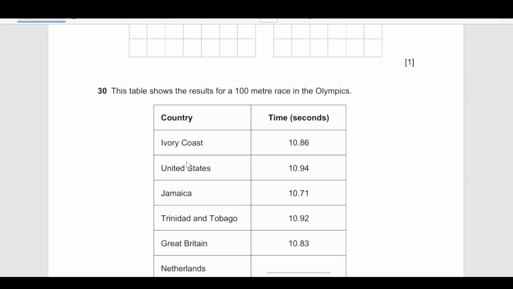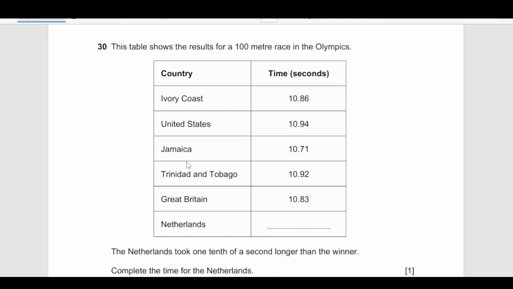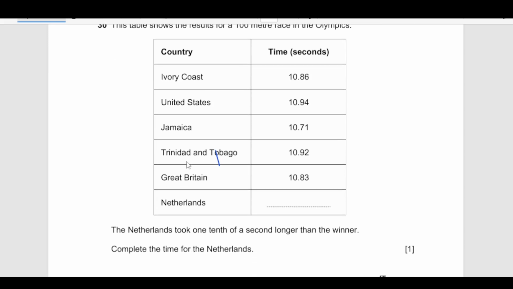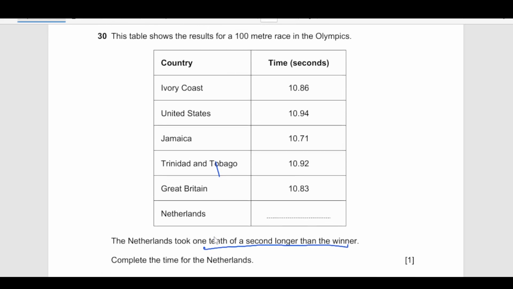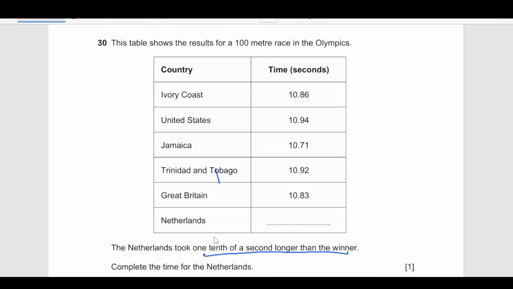Number 30, this table shows the results for the 100-meter race in the Olympics. Here is the country, here is the time in seconds. The Netherlands took 1/10 longer than the winner. Complete the time for the Netherlands. We have to complete this time here. The winner is the one who takes the minimum time.